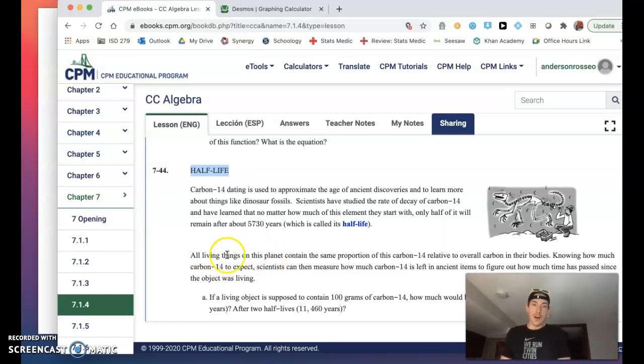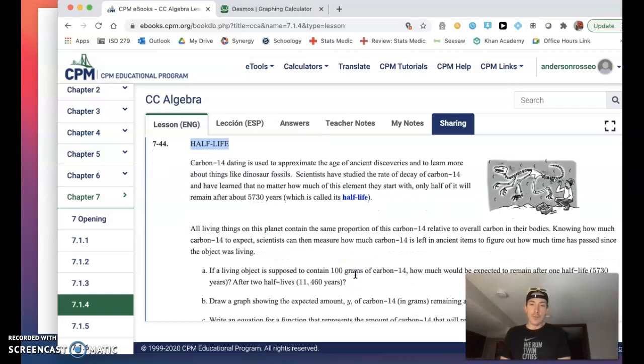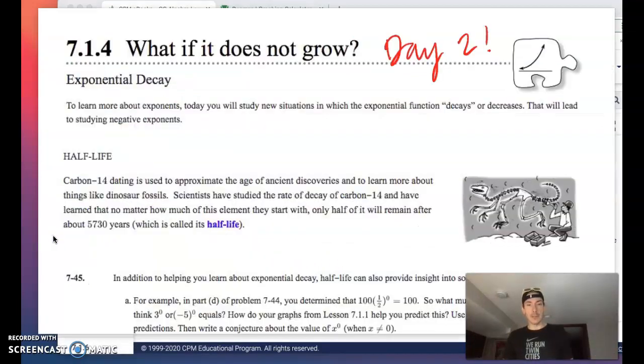It goes on to say all living things on the planet contain the same proportion of carbon-14 relative to overall carbon in their bodies. Knowing how much carbon-14 to expect, scientists can measure how much carbon-14 is left in ancient items to figure out how much time has passed since the object was living. Okay, and that's really what we're gonna kind of utilize here.